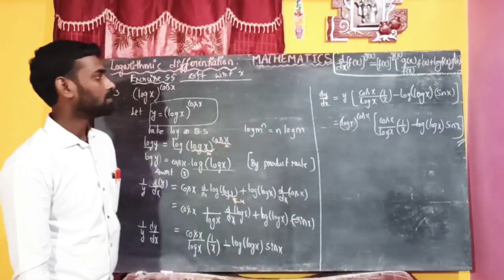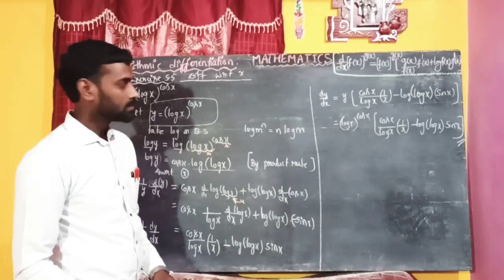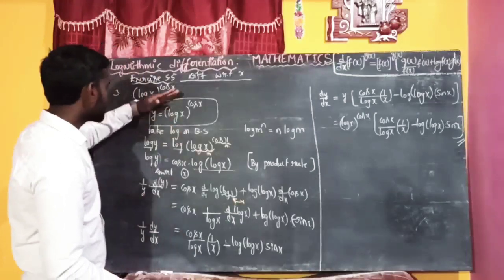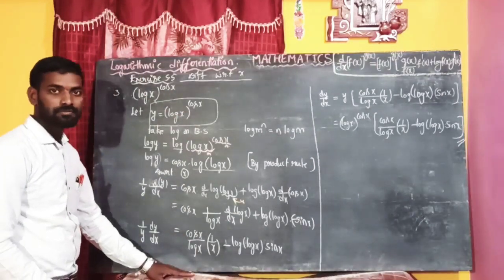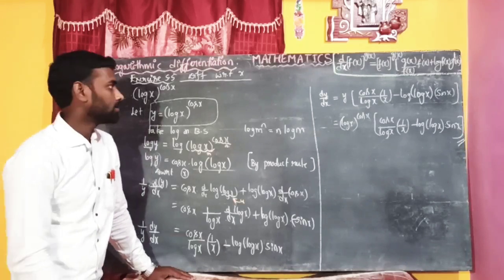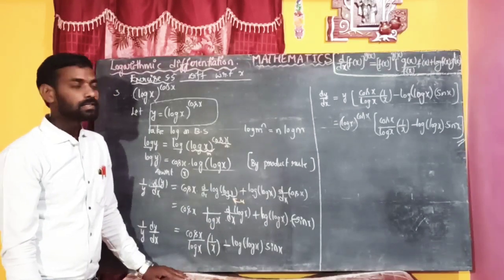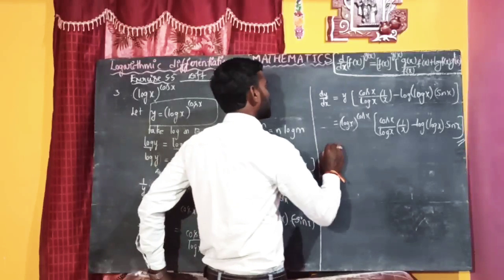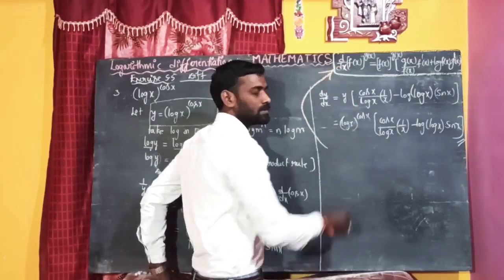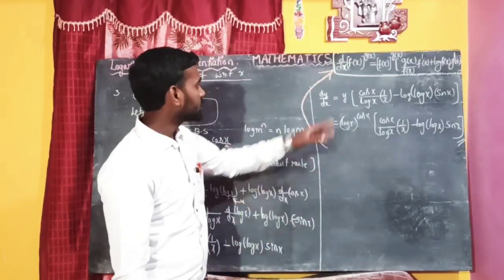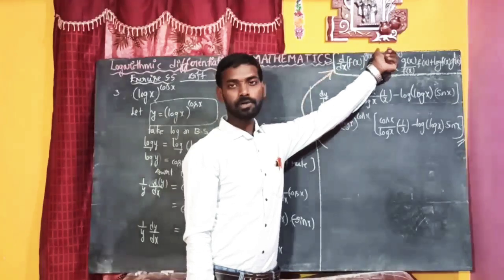Now observe, guys, if they ask for 5 marks, then you can go like this. Otherwise, for CET, we can go like this by using this formula, that is d by dx of function to the power of function.